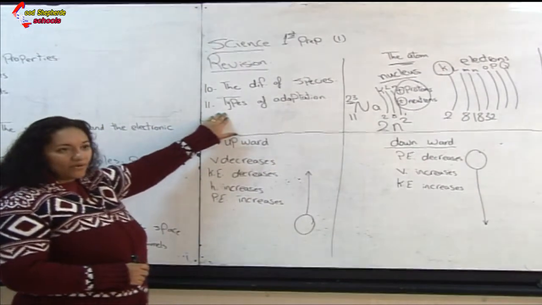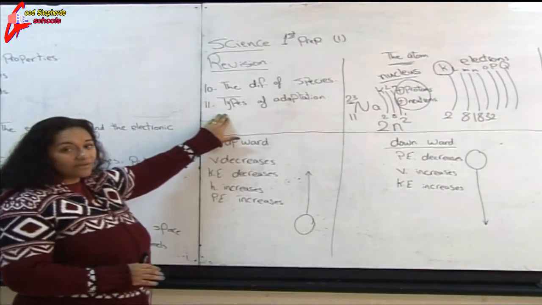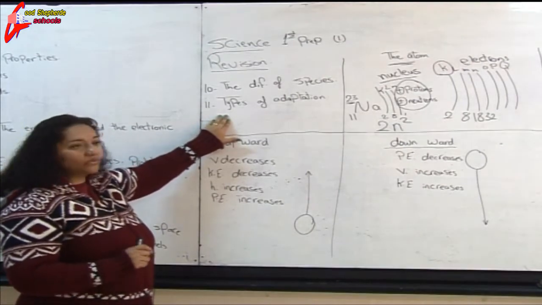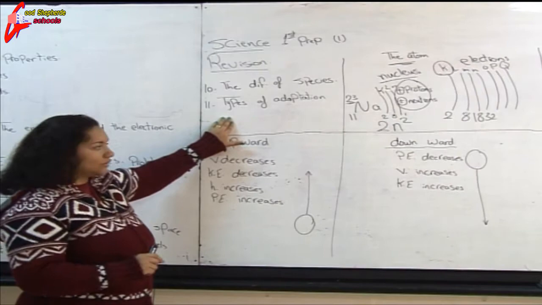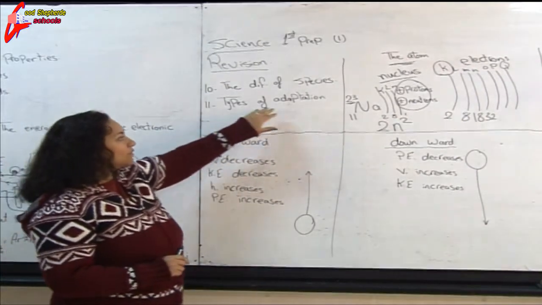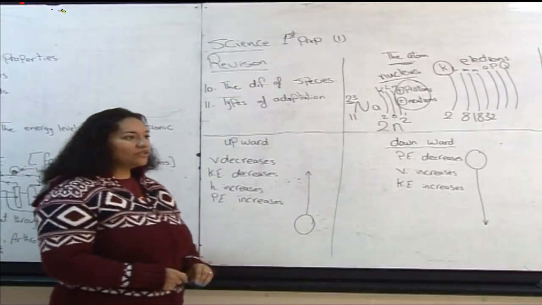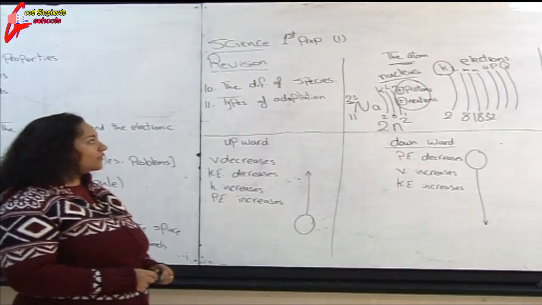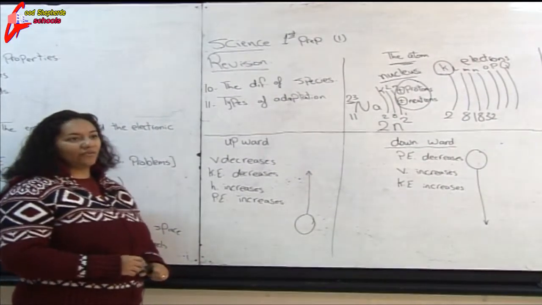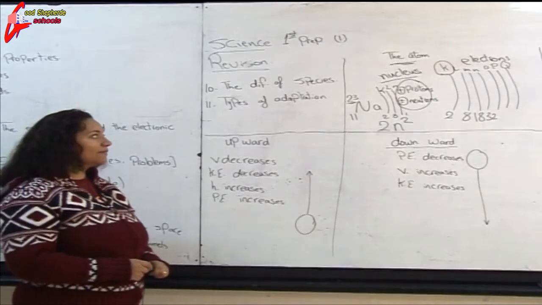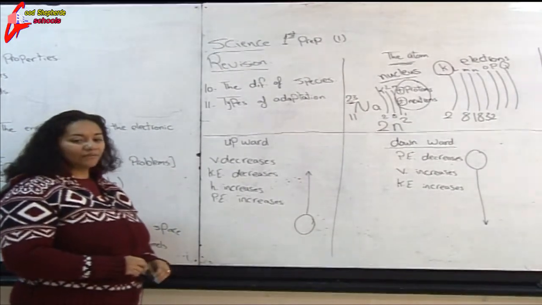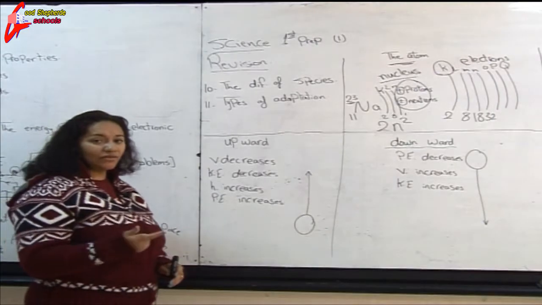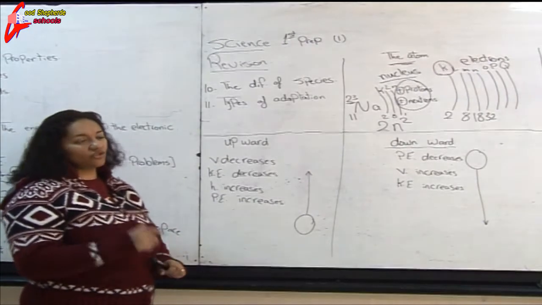The last lesson is very long, but we want only a very small part of it: the types of adaptation. Adaptation means a modification in a structure, behavior, or function of an organ of a living organism. The types of adaptation are functional, behavioral, and structural.